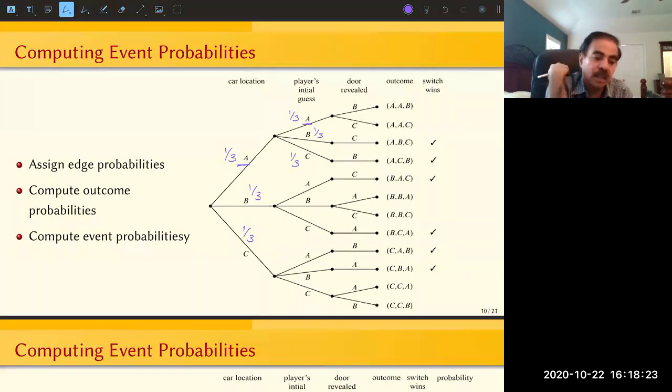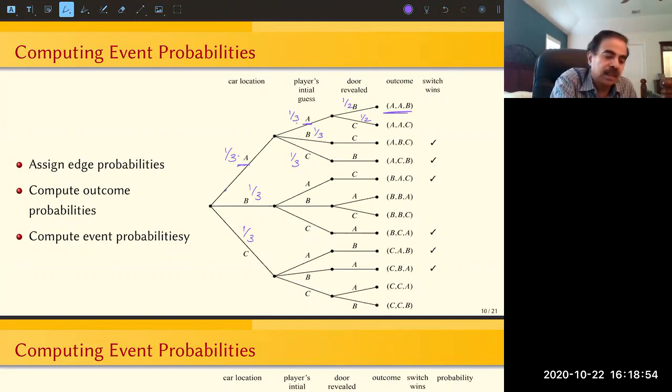So the host now can either open door B or door C, right? So those are the two options for the host, which means that each of these edges has a probability of half, right? So now if you want to talk about the probability of this event, we simply have to multiply the probabilities, right?